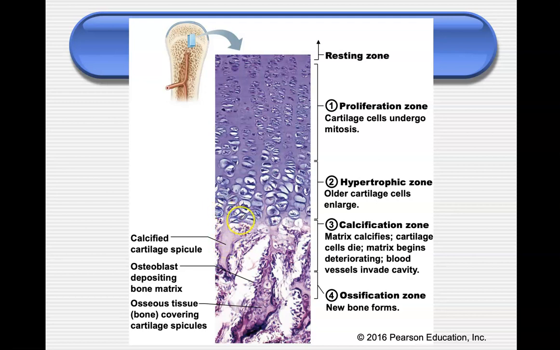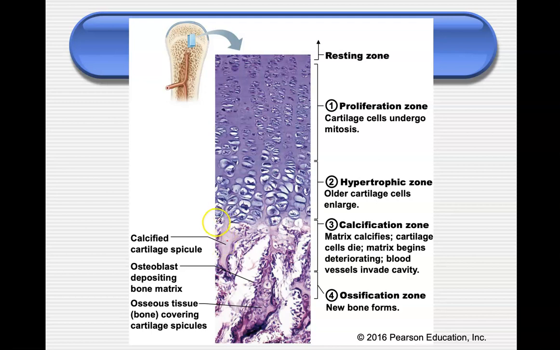And as it does that, the chondrocytes are going to start to die because remember again, the chondrocytes aren't fed by blood vessels. They're just diffusing nutrients from one chondrocyte to the next. So as the matrix starts to calcify around them, basically these chondrocytes are going to be deprived of nutrients and they're going to start to deteriorate and die.